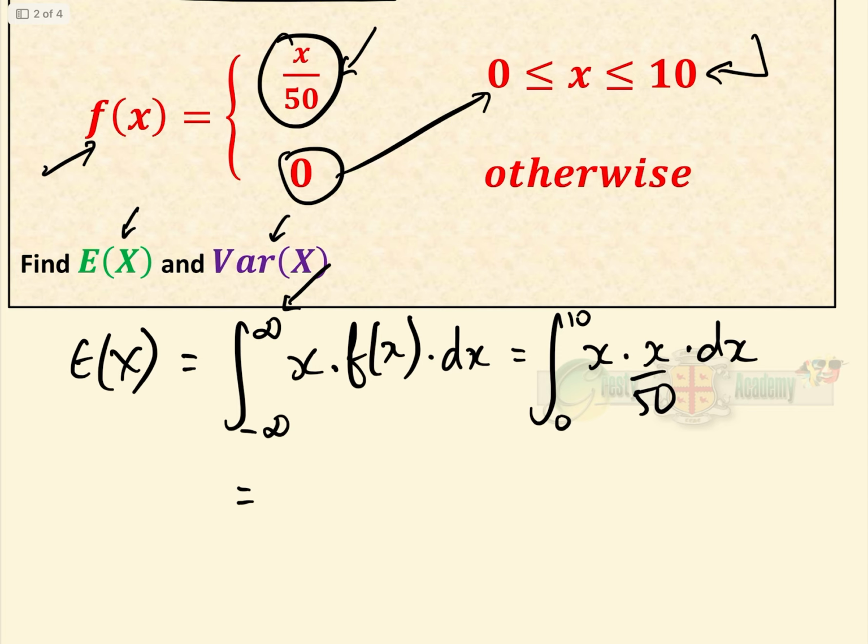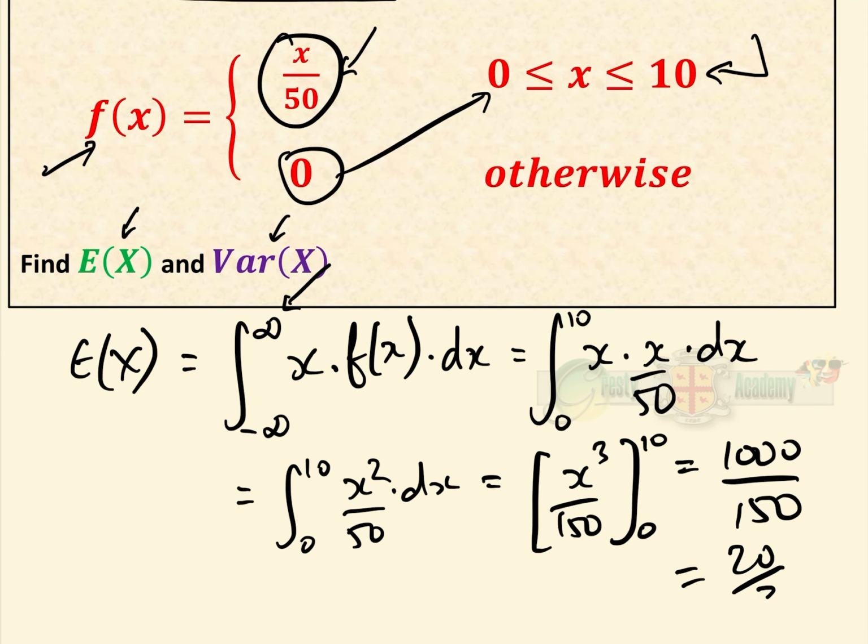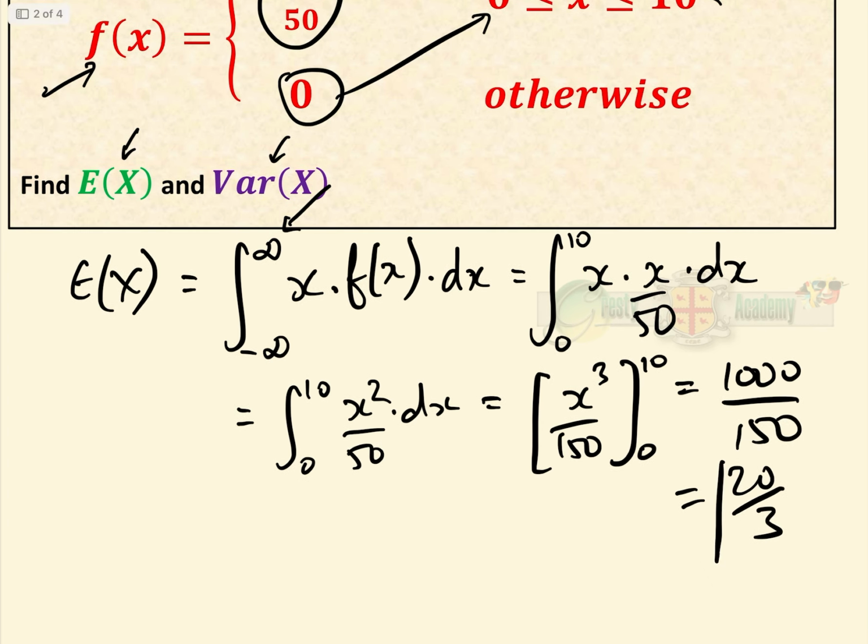And that equals the integral between 0 and 10 of x squared over 50 dx, which equals x cubed over 150 between 10 and 0, which is 1000 over 150, which is 20 over 3. So our expected value of x, E of x, or alternatively the mean, is equal to 20 over 3.